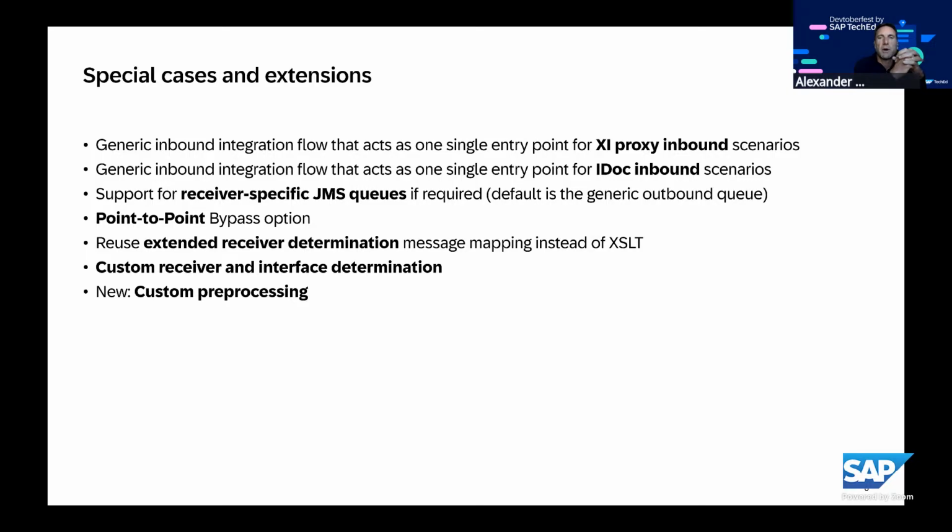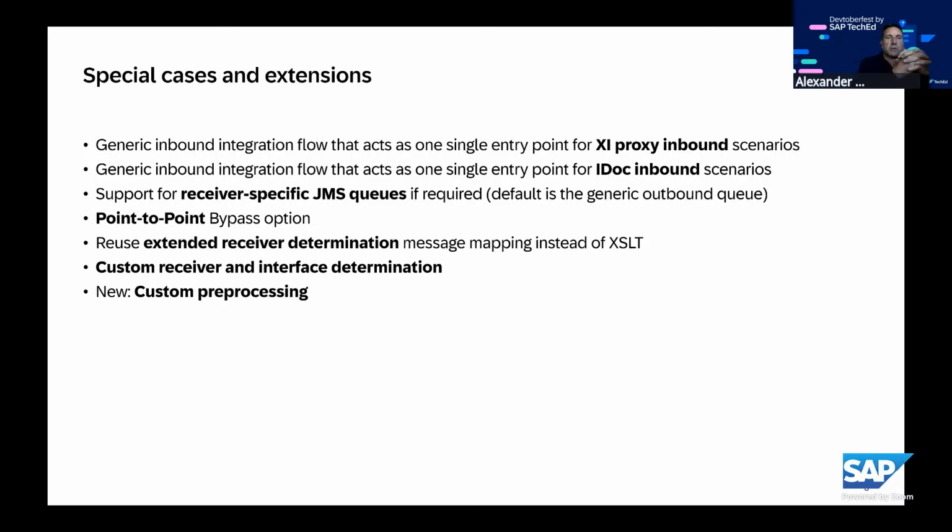Here we provide one single entry point for IDoc inbound and one single entry point for XI proxy inbound. Then you can decide whether you have one single entry point across all systems and all scenarios, or if you duplicate this flow and define one single entry point for each sender system. This is also up to you.